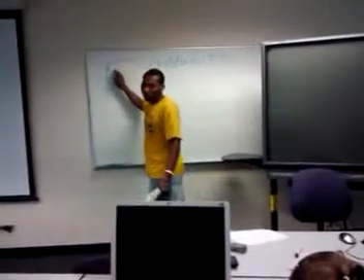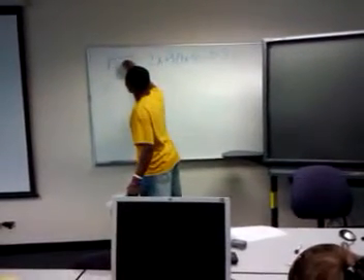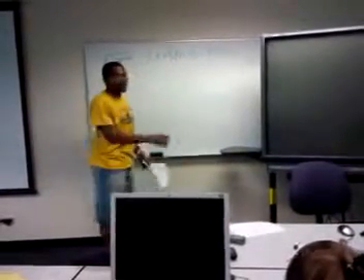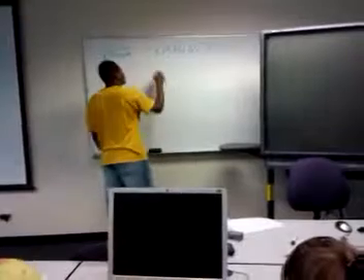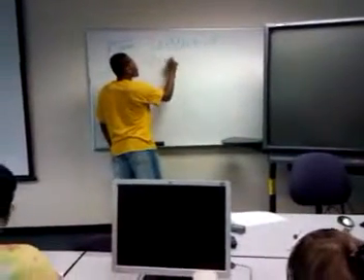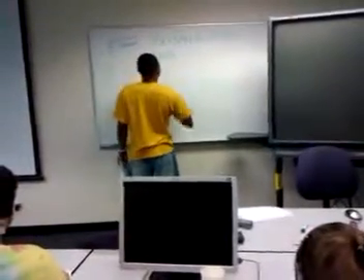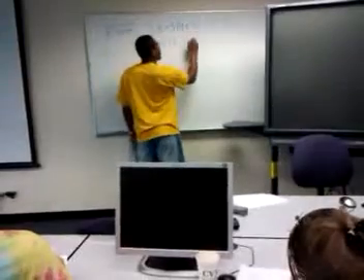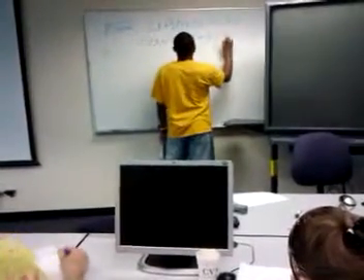Distribute. So what are we going to distribute over here? The 3 to the 4x minus 3. So 2x plus 12x minus 9 equals 8 minus 3x.